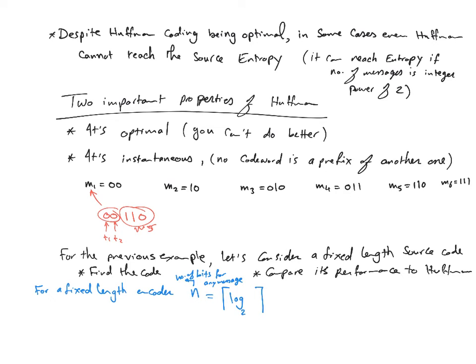What's the number of messages in this case? 6. So this is going to be equal to the ceiling of log 6 to the base 2, which is 2.5.